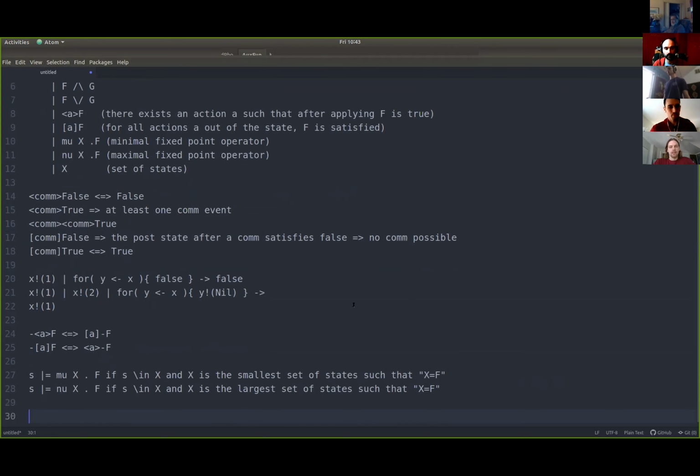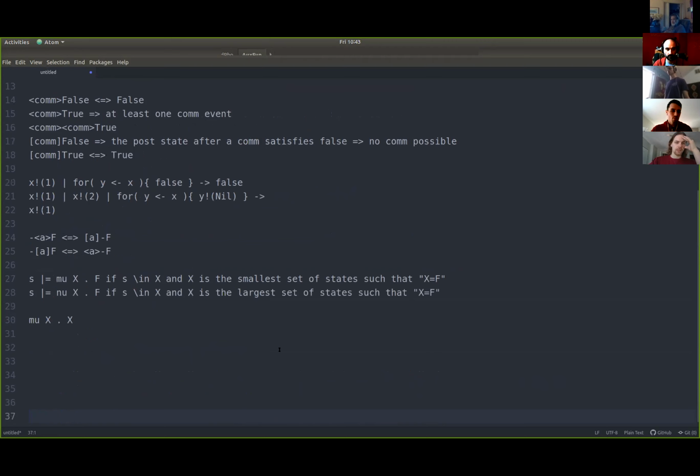Okay, cool. Yeah, so let's do some examples with this mu and nu stuff. So let's talk about this formula here. We have the formula mu x dot x. So essentially what we're looking to satisfy is an equation like x equals x.